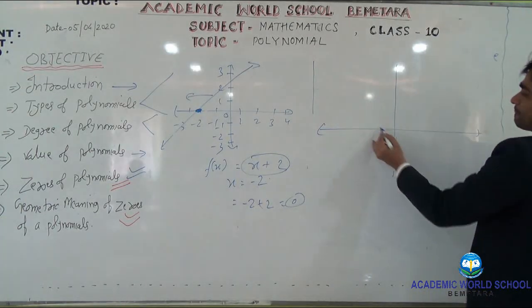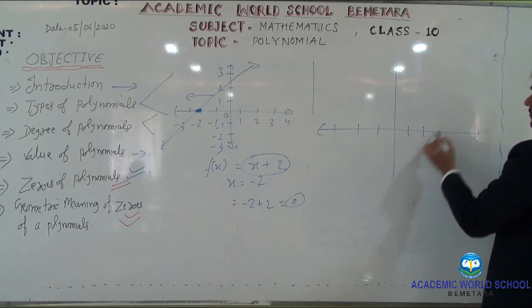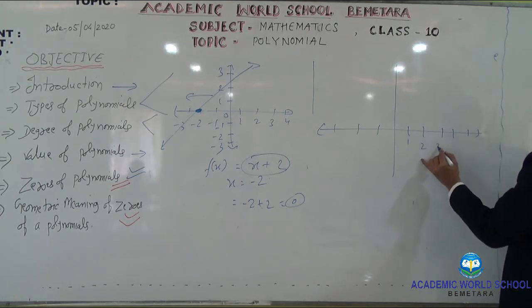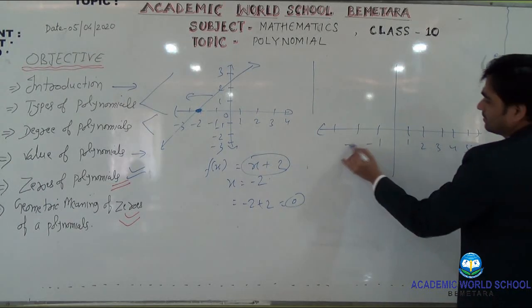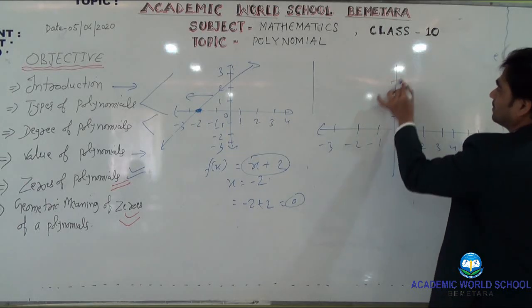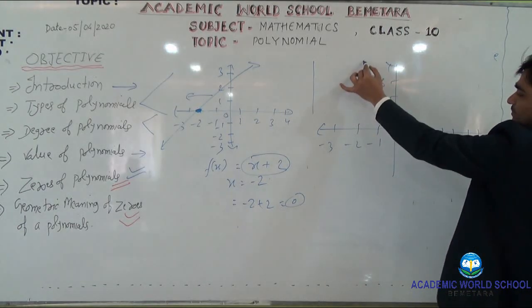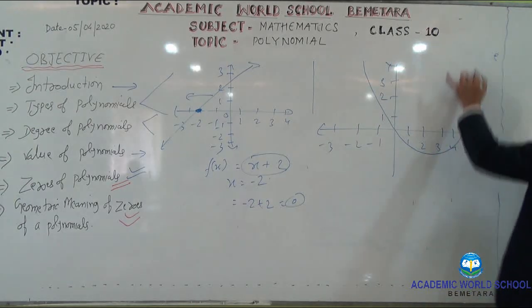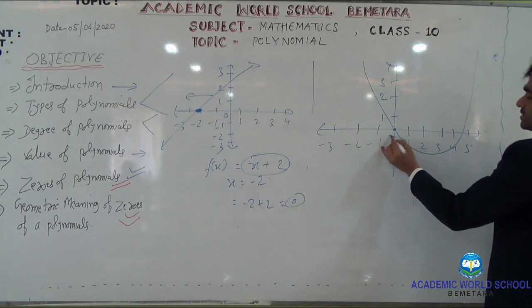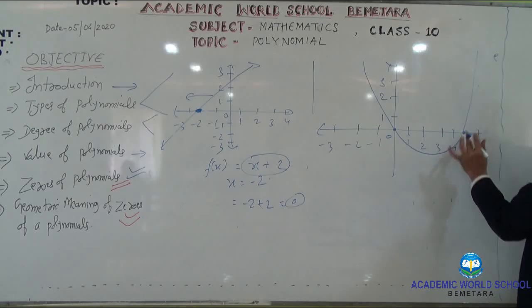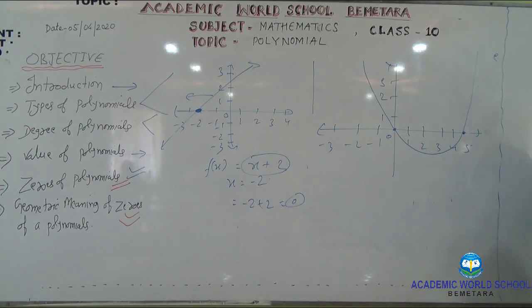Let's suppose we have a graph, and let's suppose this graph intersects the x-axis at this point 0, and at this point 5.